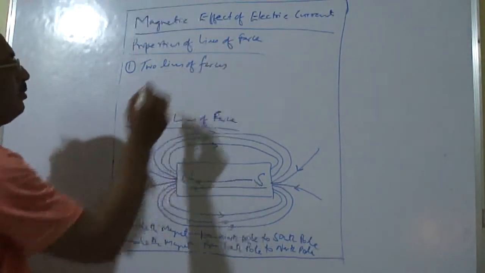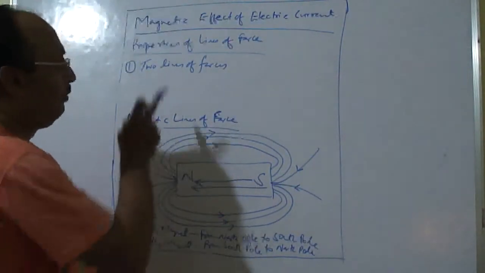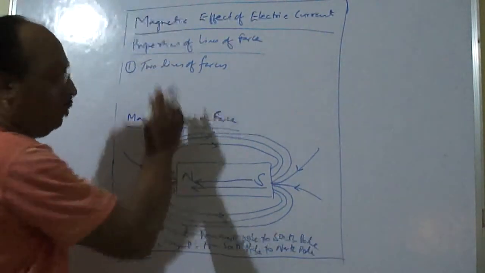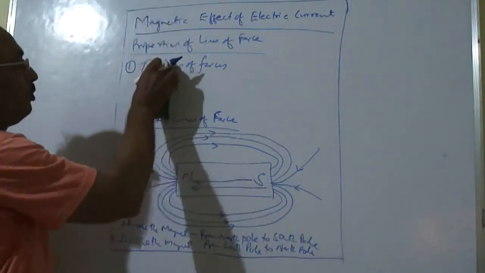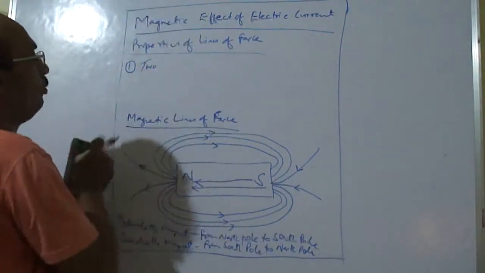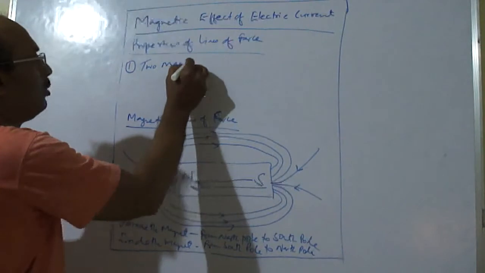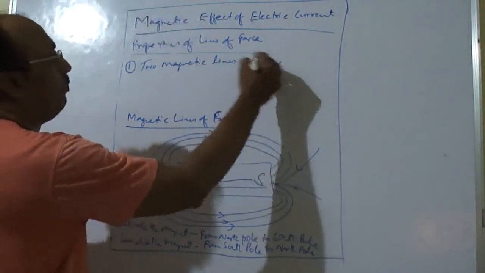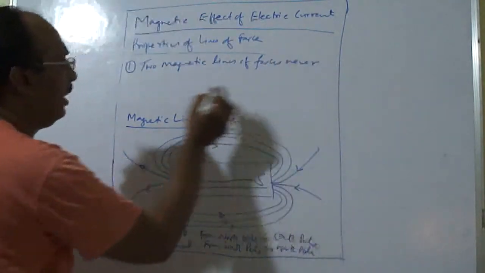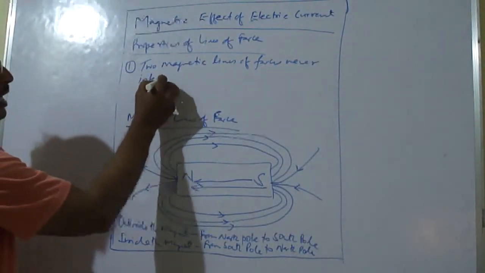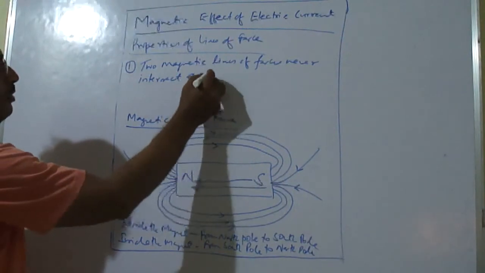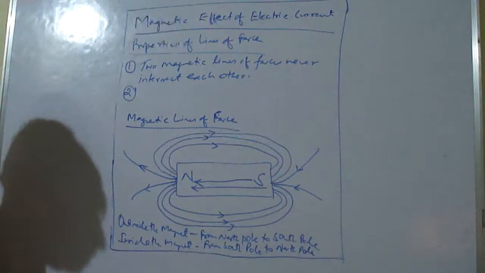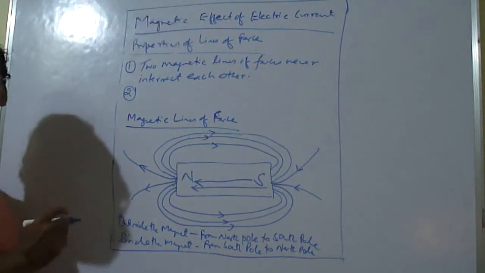Here we are talking about magnetic lines of force, not electric lines of force. So better we write: 2 magnetic lines of force never intersect each other.